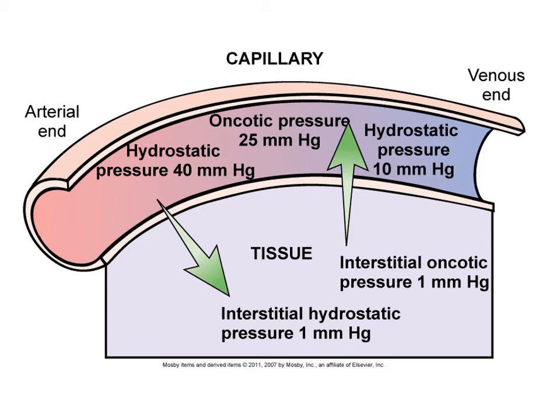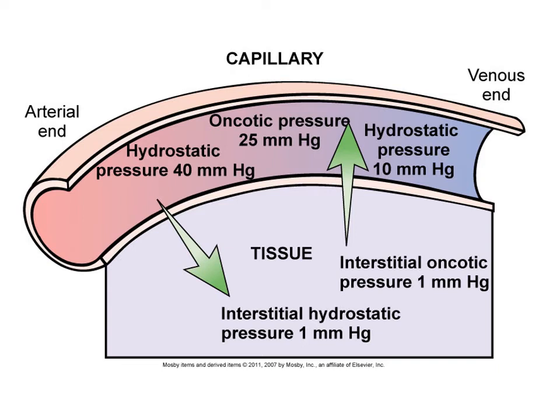And it's going to release its glucose, its oxygen, and all the other nutrients to feed cells. And as it does that, it's losing hydrostatic pressure. So as we go to the venous side, you'll see that the hydrostatic pressure has dropped to say 10, but the oncotic pressure is 25.